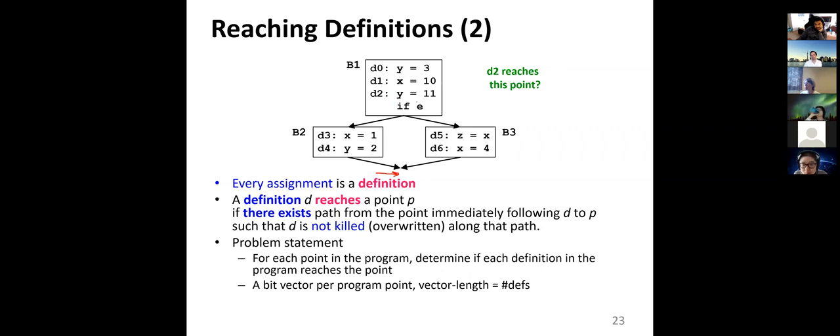I have to assume statically that it might take any position. Taking the union of branches, more or less, yes. We're going to define the problem soon, and the union is going to play a role here. You're going to look across all paths. For this problem it's going to be the union; for some other problems it might be intersection. But that's what we're going to frequently do in data flow analysis.